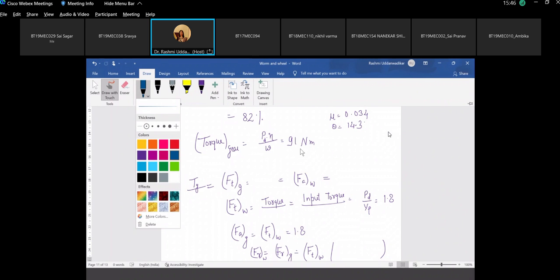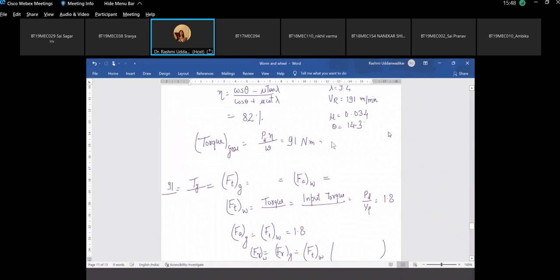So this was the torque for the gear, 91 Newton meter. This was correct. And then FT for gear is this torque for the gear that we have calculated upon radius of the gear, where radius of gear is known, 62 or something.